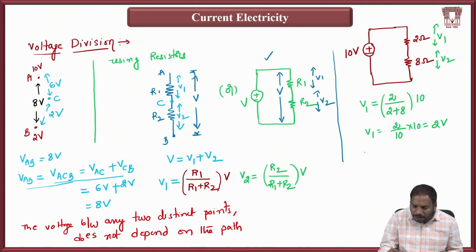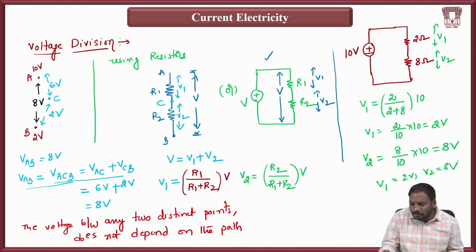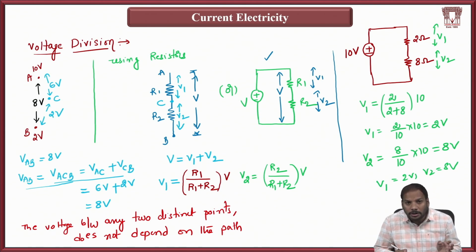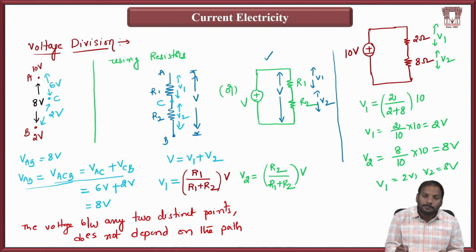Similarly, the value of V2 is same resistance by total resistance into total applied voltage, so 8 volts. So finally I got V1 equal to 2 volts and V2 equal to 8 volts. This is how we calculate the values of V1 and V2 using the voltage division principle without calculation of any currents in the loop. So that is the advantage of the voltage division principle.